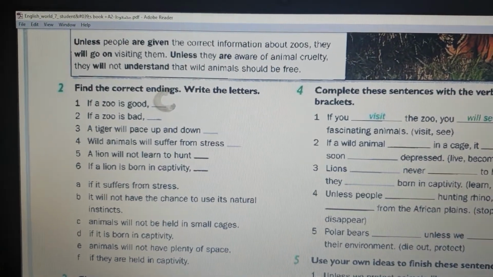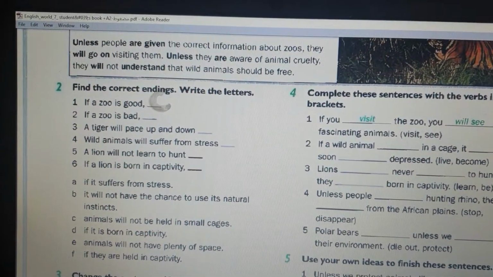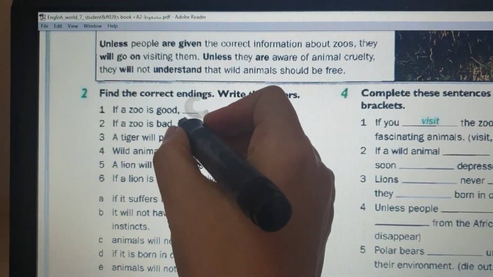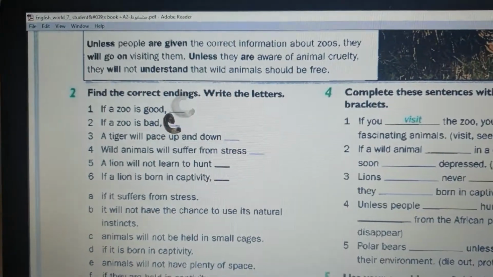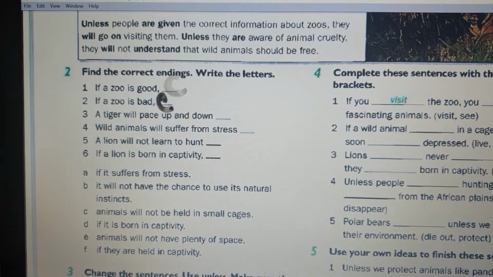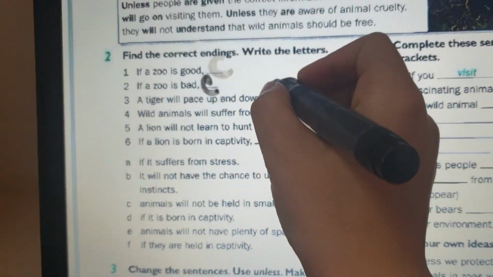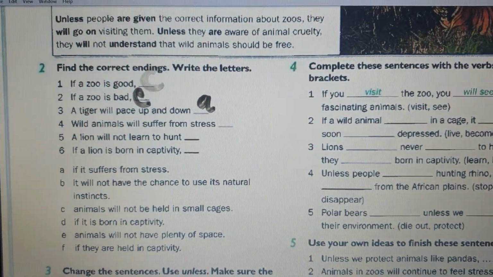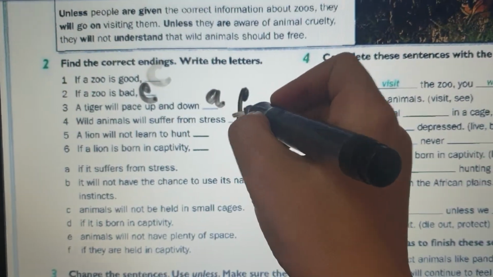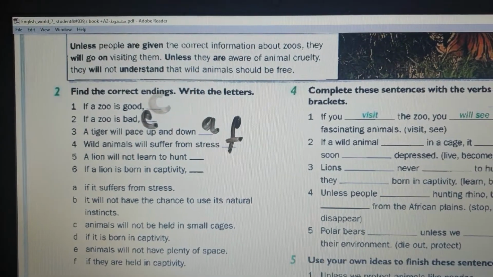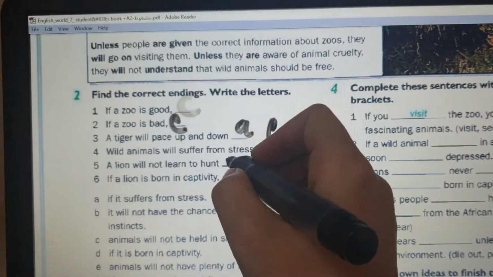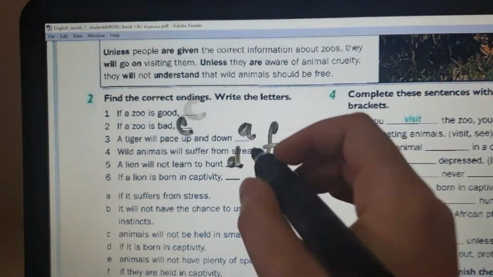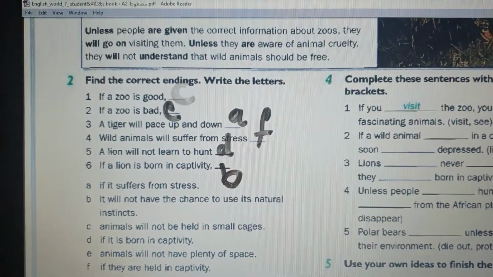Number 2, if a zoo is bad, goes with E. Animals will not have plenty of spaces. Number 3 goes with A. Number 4 goes with F. Number 5 goes with D. And number 6 lastly goes with B.